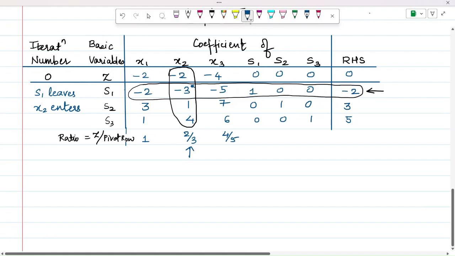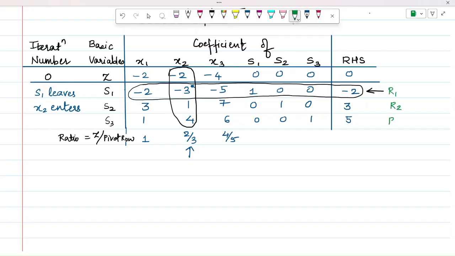Next step, you need to make the key element 1. Okay. So let's make the key element 1. Now to make the key element 1, you can use a pencil. Okay. Again, let's call these R1. Let me call it here, R1, R2, R3. Okay, you may not have so many colors, so using a pencil helps you.